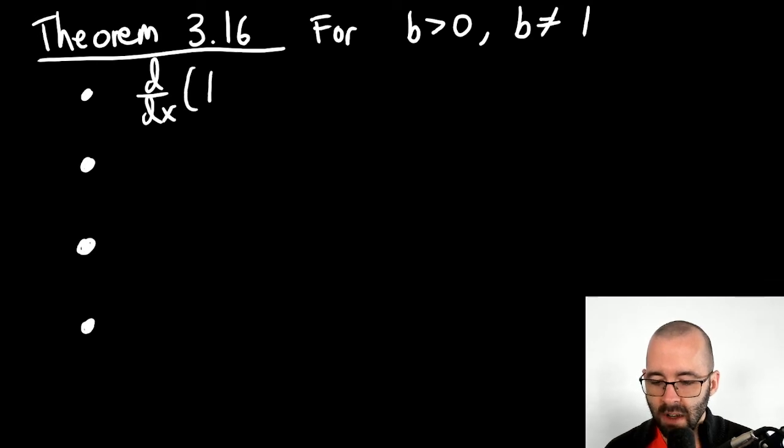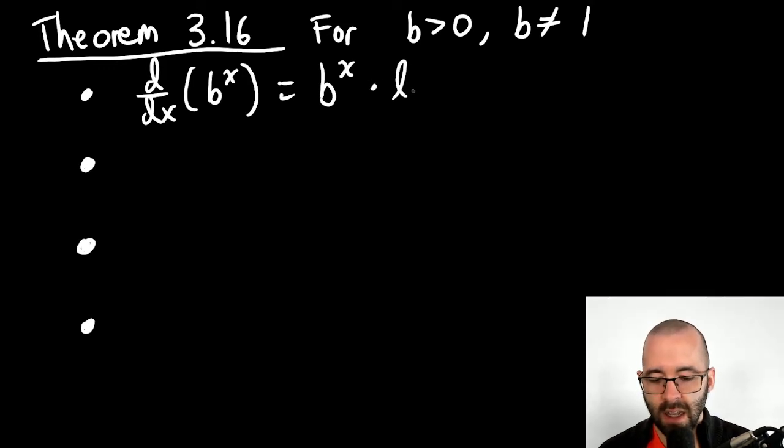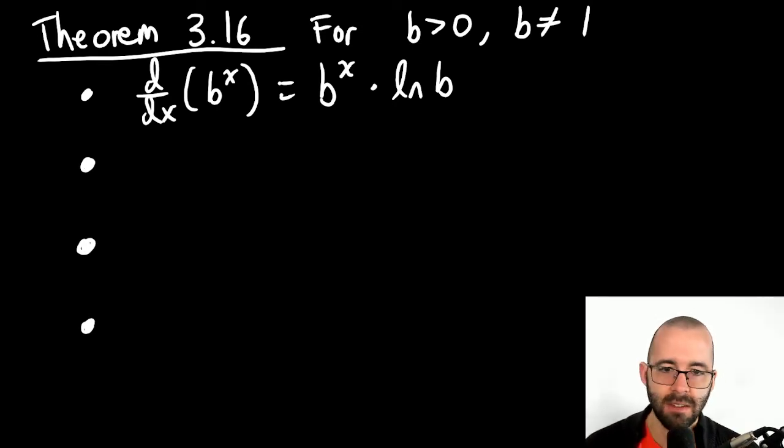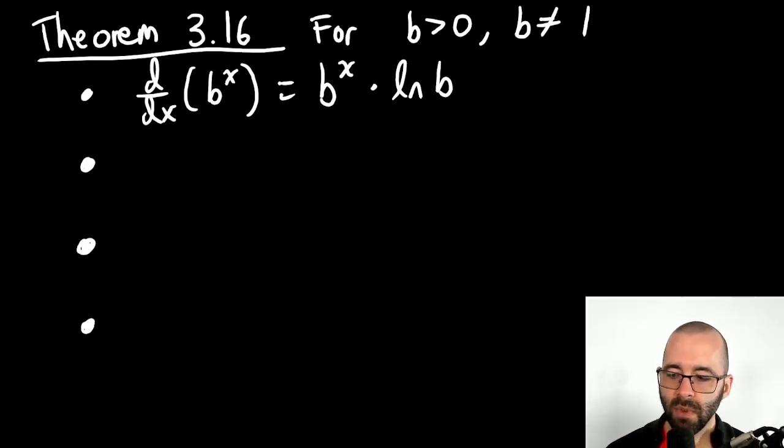The derivative of an exponential function of any base is that same exponential function times a constant. And specifically, that constant is whatever the natural log of the base is. All right. And that's how we're going to start here. Let's do some problems. We'll fill in one more bullet point in this video and then 2 more in the second video. Let's do some examples.